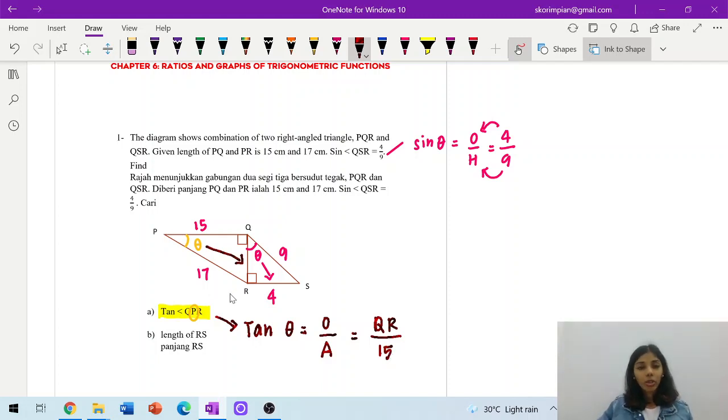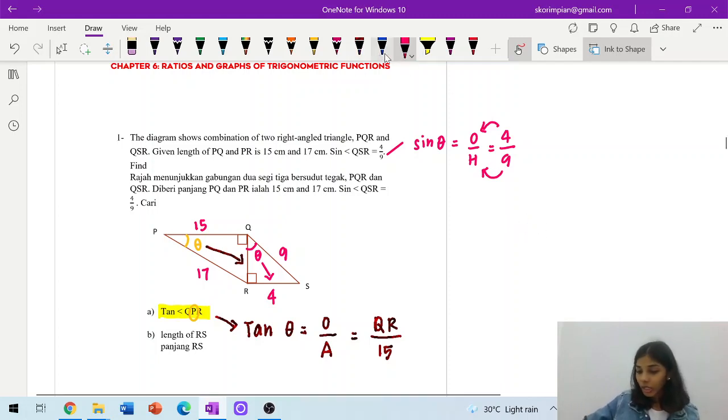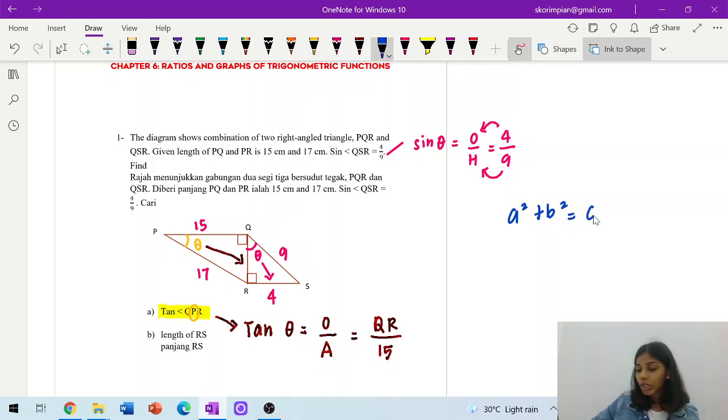Okay, to find your side here, you're going to use Pythagoras theorem. Pythagoras theorem applies only to right angle triangles. A kuasa 2 tambah B kuasa 2 sama dengan C kuasa 2, whereby your C is for hypotenuse. Hypotenuse kamu 17 power 2. A we can write as 15.